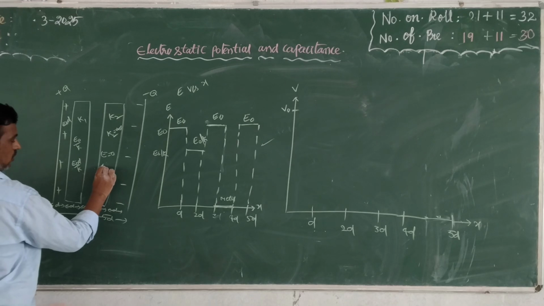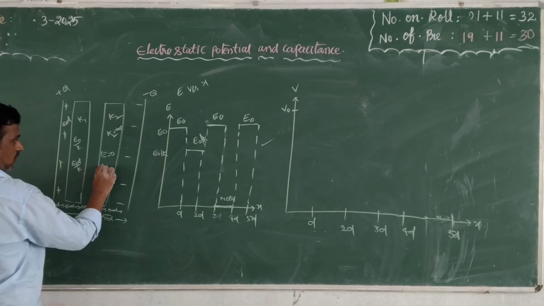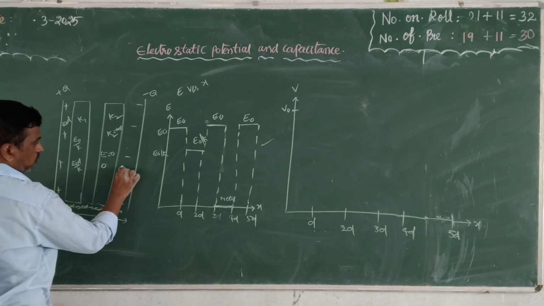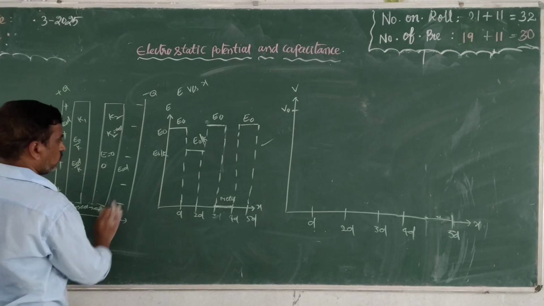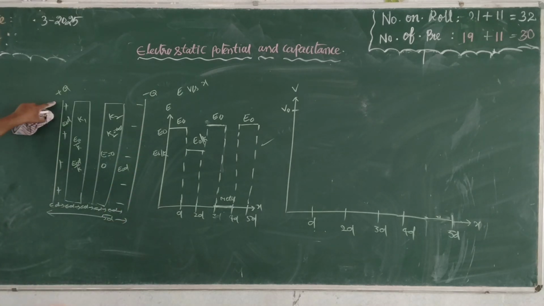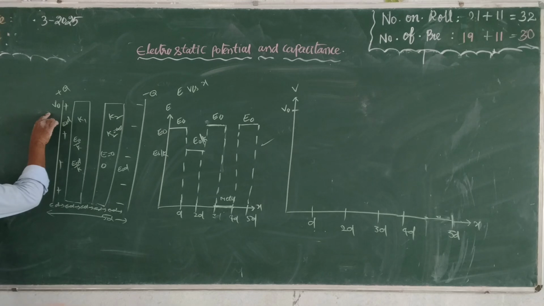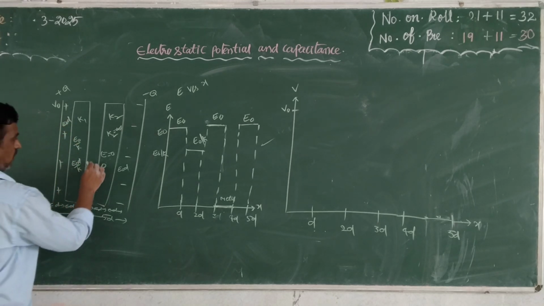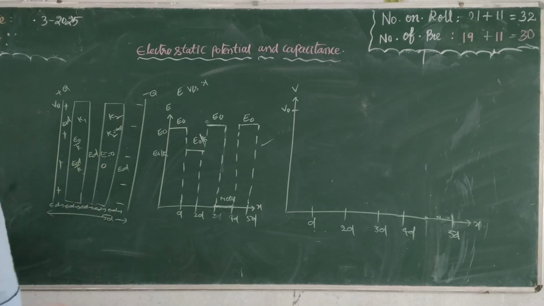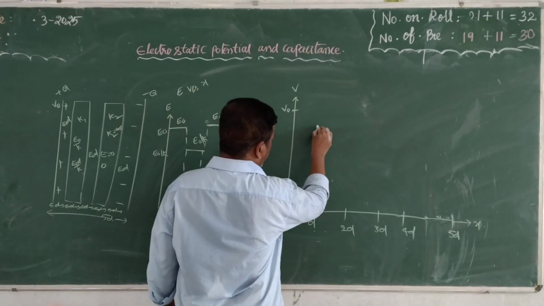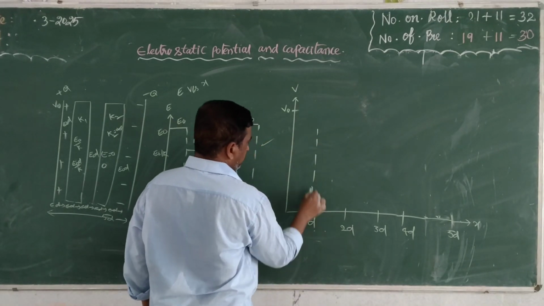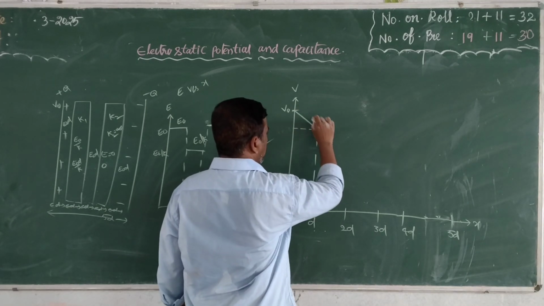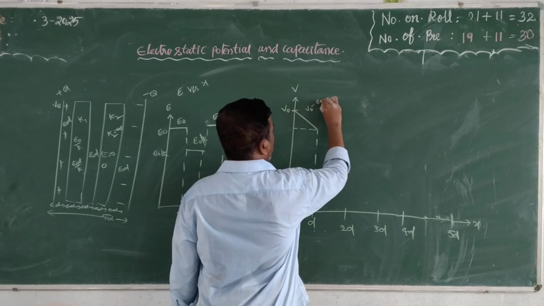Where the electric field is 0, the potential does not change. Then again E naught d. So the potential decreases from V naught to V naught minus E naught d.